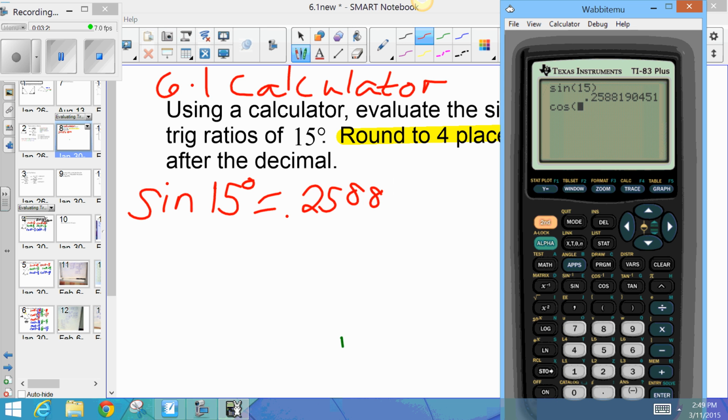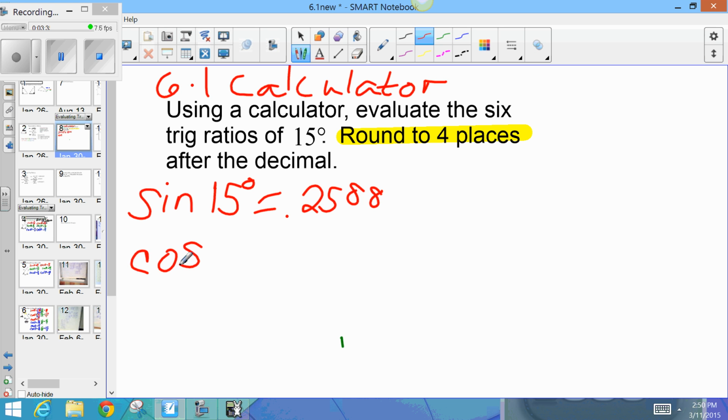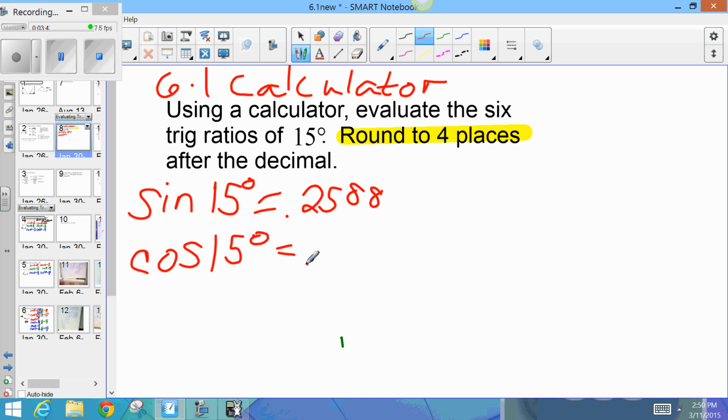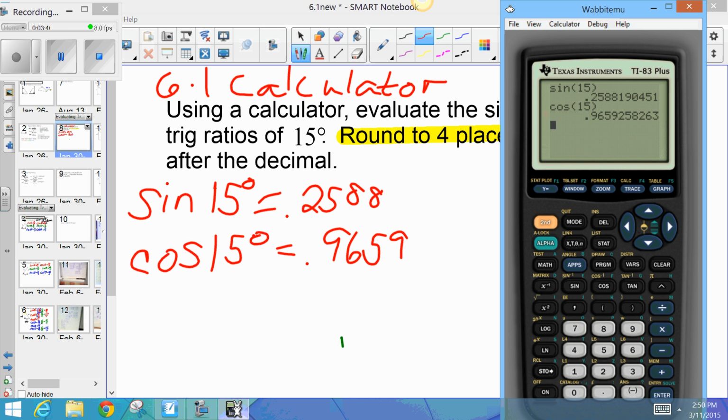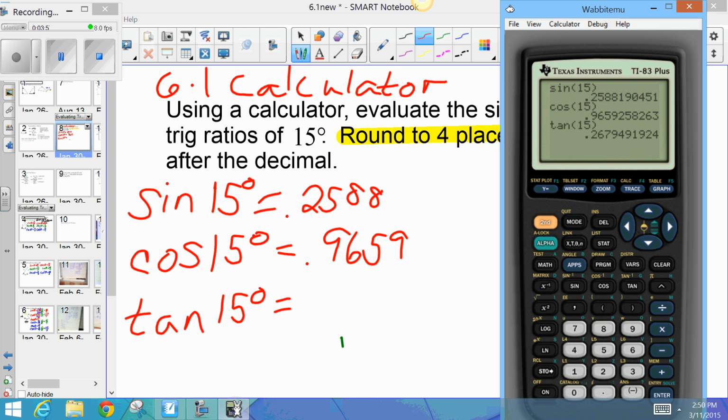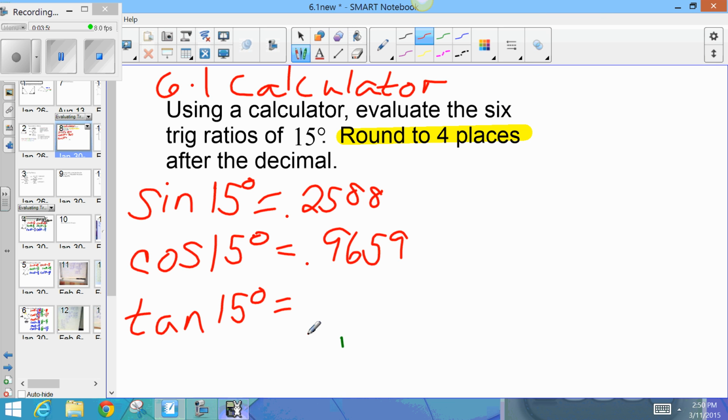Cosine of 15 degrees is 0.9659. Tangent of 15 degrees is 0.2679.